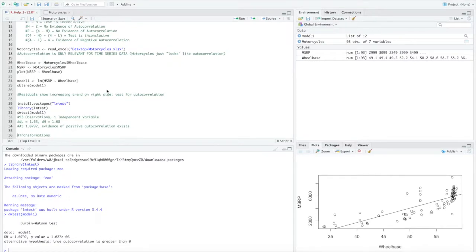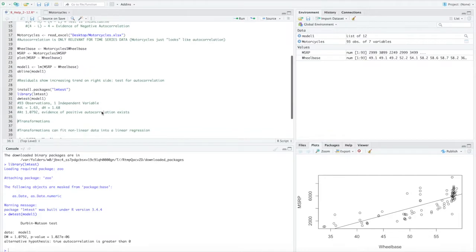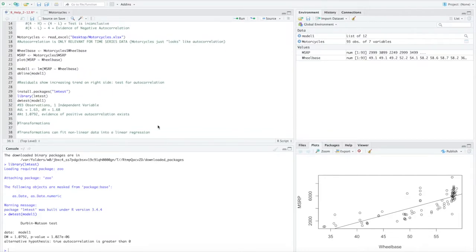So now that we've talked a little bit about autocorrelation, I'm just going to give you a brief primer on what transformations are. As we recall, when we run a linear regression, one of the conditions is linearity, and we pretty much want to get the data between our y and our x axis to be as linear as we can.